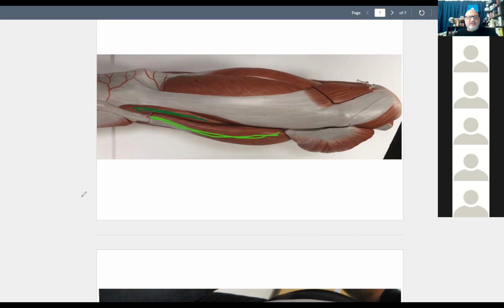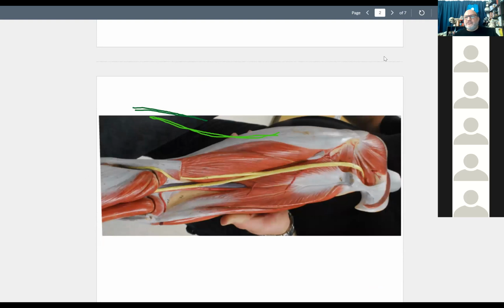So notice we can see it from this side view. However, to get the best view of the short head, we actually have to remove the long head. Notice if we remove the long head, then here we clearly see the entire short head of the bicep femoris.